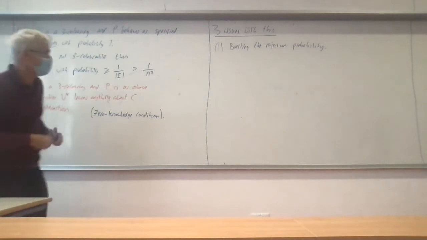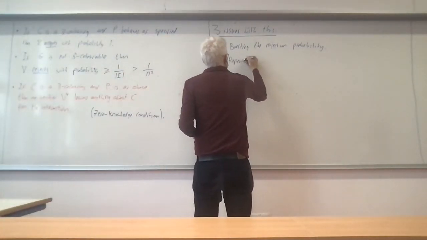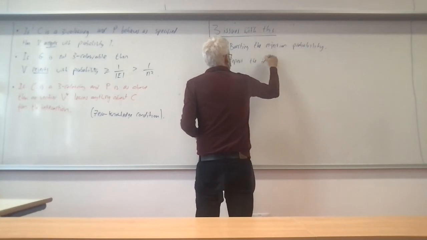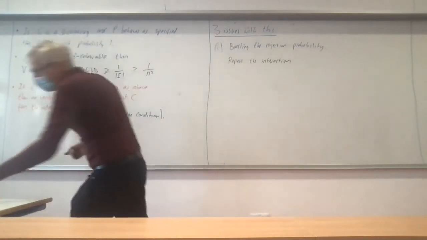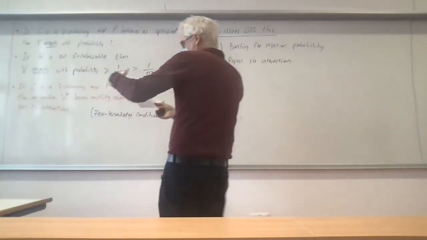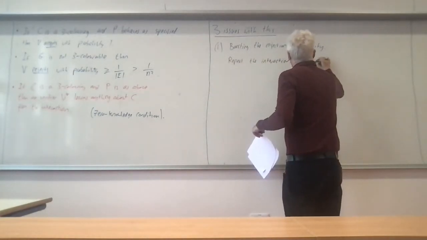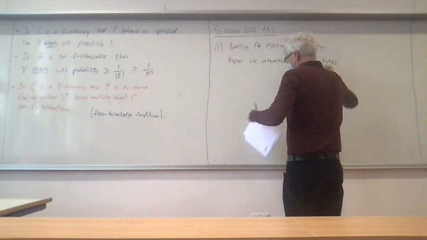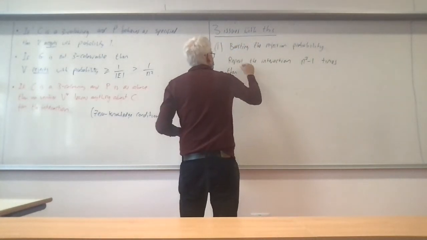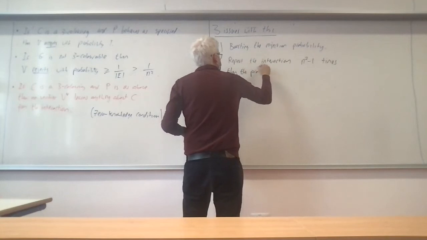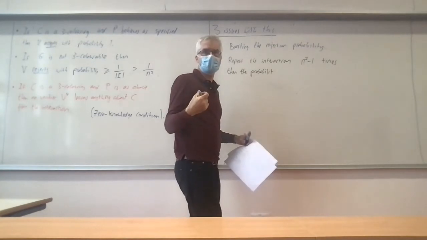So for this, if we repeat the interaction n squared minus 1 times, then the probability. So we've got n squared vertices.